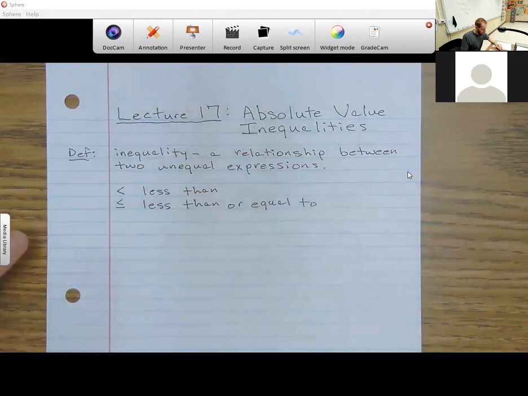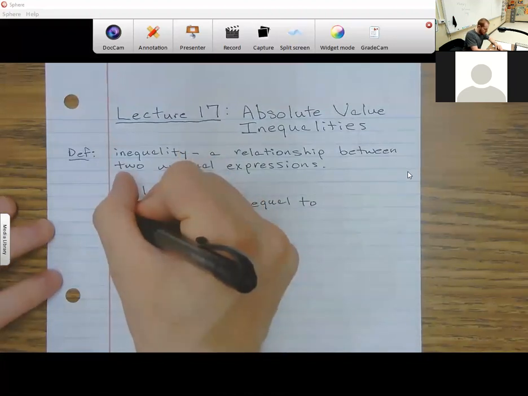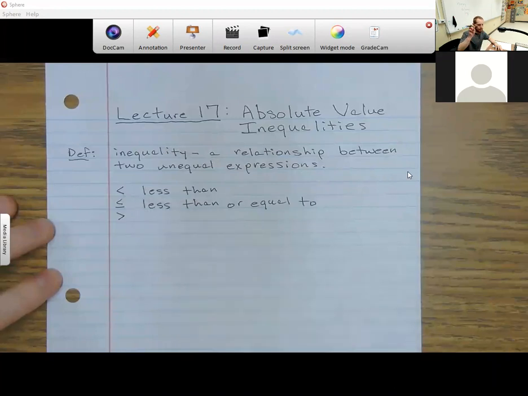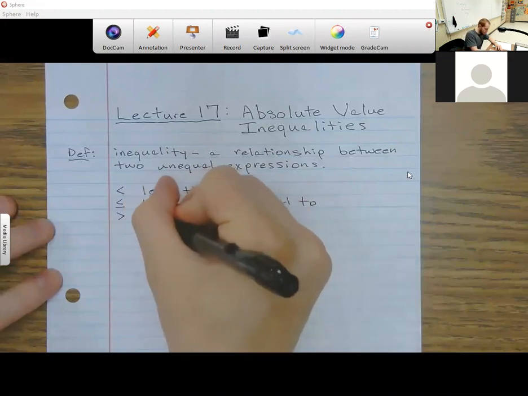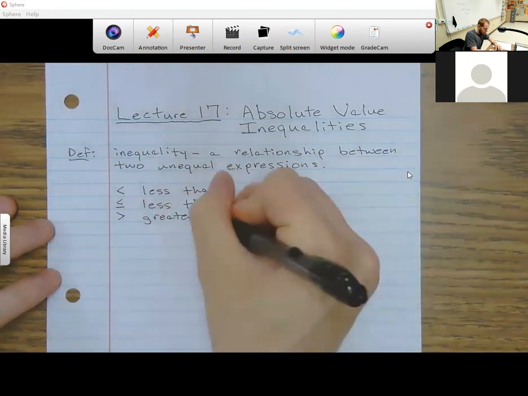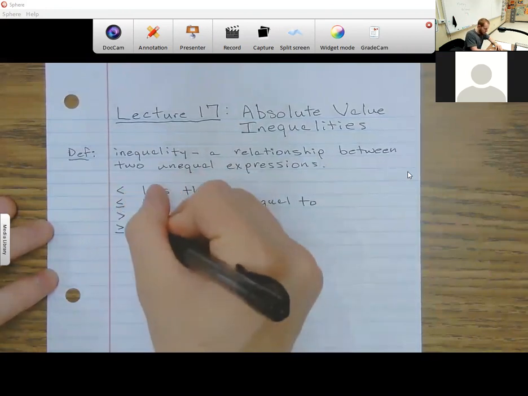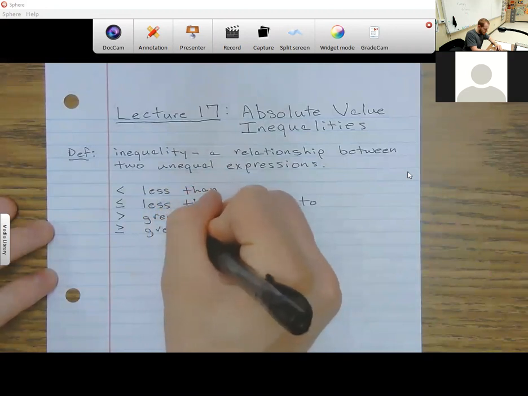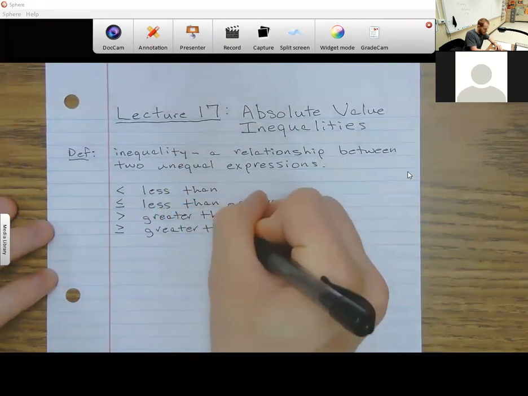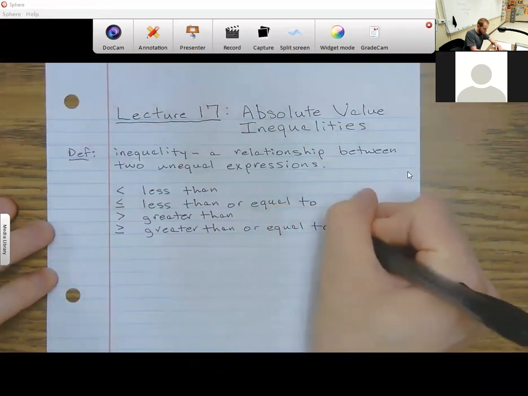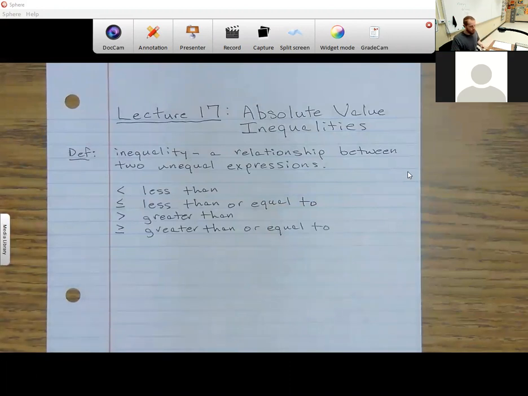Okay, that's what that little line underneath means. And then we got the greater than symbol, right? Greater than is kind of like the less than symbol, but I just reverse it. So now it's pointing to the right. So this is greater than. And then last but not least, greater than or equal to, which is this. Greater than or equal to. Okay, and those are all the symbols that I got.